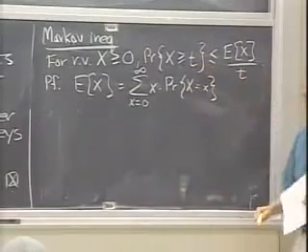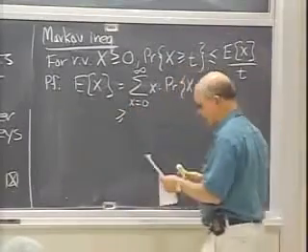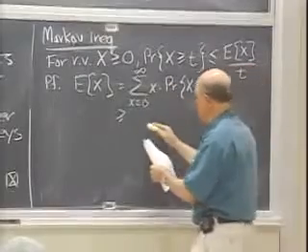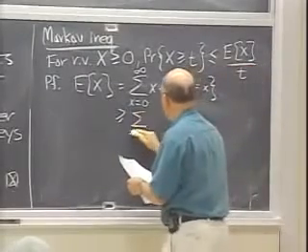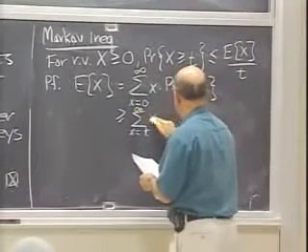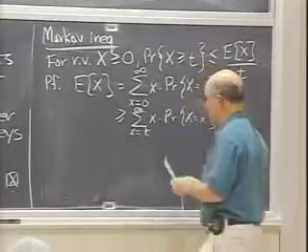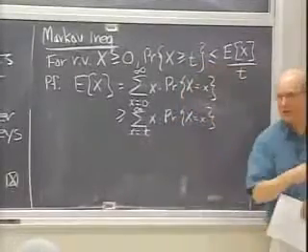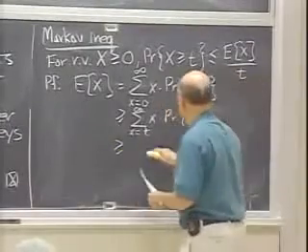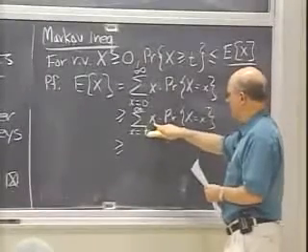That's the definition. Now it's just a question of doing the coarsest approximation you can imagine. First of all, let me simply throw away all small terms. So that's going to be greater than or equal to the sum from x equals t to infinity of x times the probability that X is equal to little x. Just throw away all the low order terms. Now what I'm going to do is lower bound every one of these terms by the value x equals t.